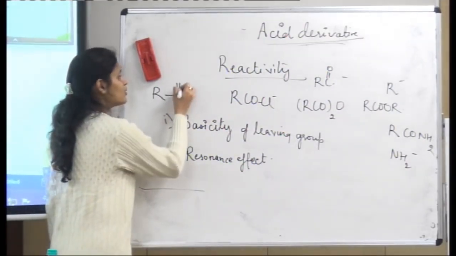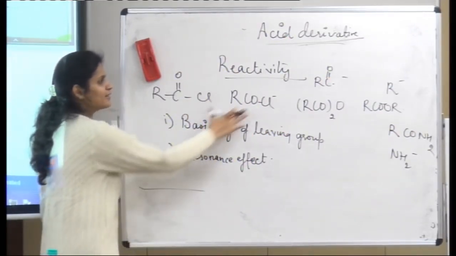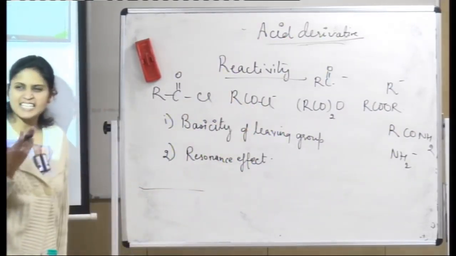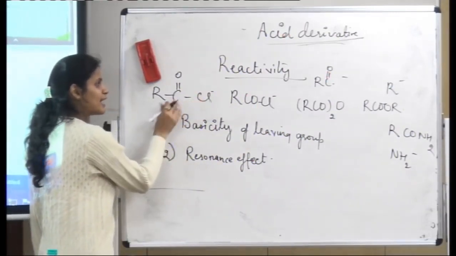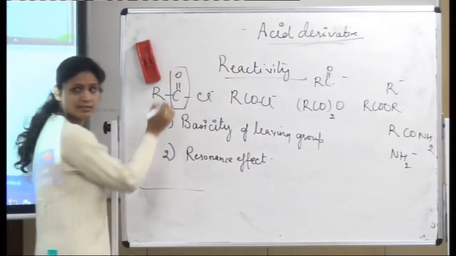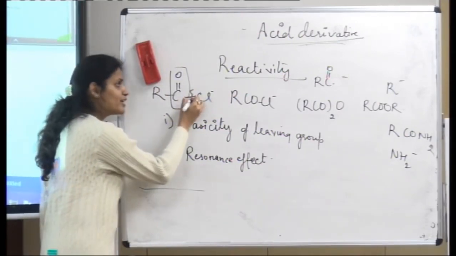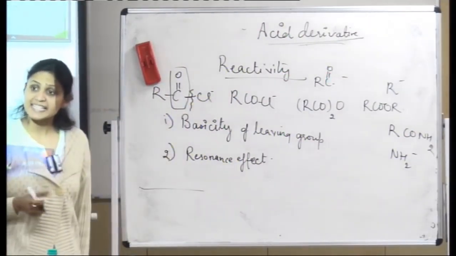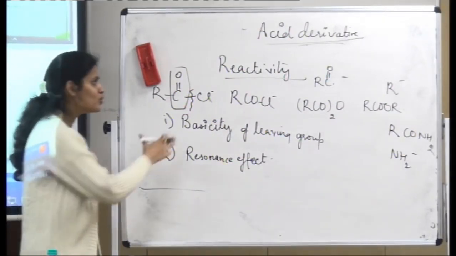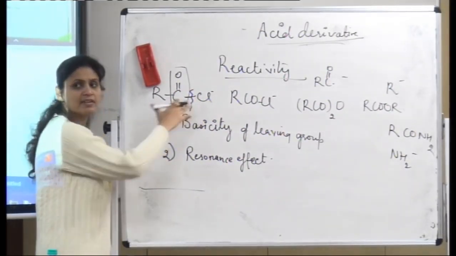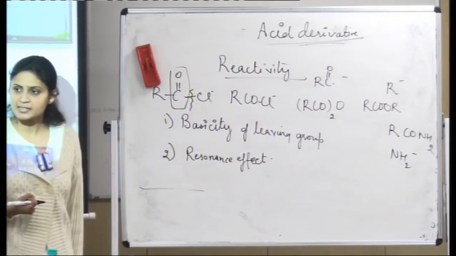Suppose I am talking about this bond. I am saying that Cl minus is very least basic, right? That means it is less basic as compared, this is more acidic, and hence this bond can be easily cleaved, right? The more easily the bond can be cleaved, the more reactive it is.